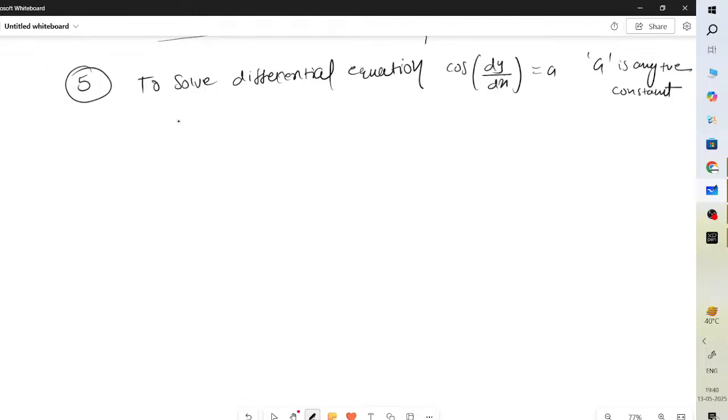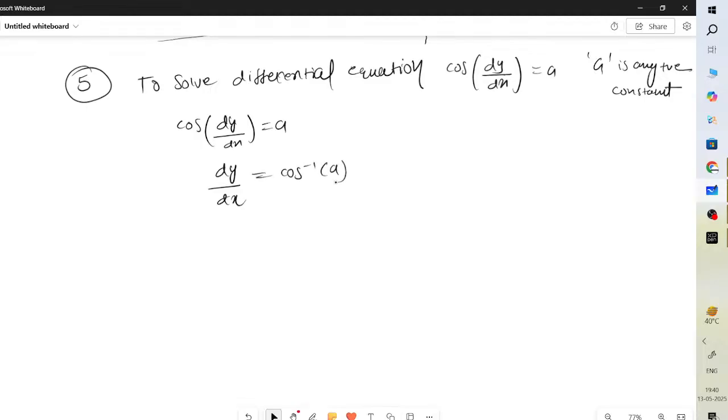So we write the equation like cos dy by dx equals a, and then we write dy by dx is cos inverse a.